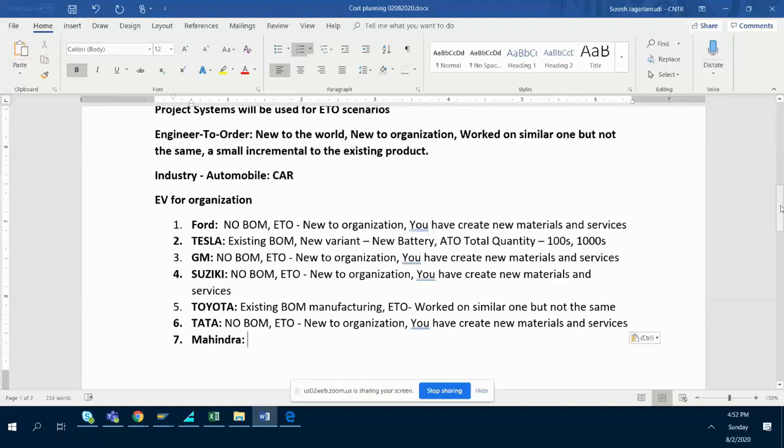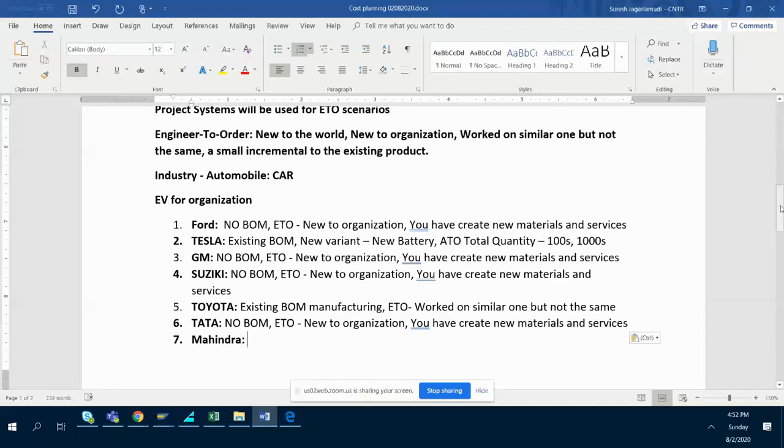So when it comes to the model, it's ETO. But for Mahindra, they already have the technology. All that they need is a small increment to the existing one to make it suitable for Xylo or other XUV models. Always remember, each product will come with its own kind of business scenario.